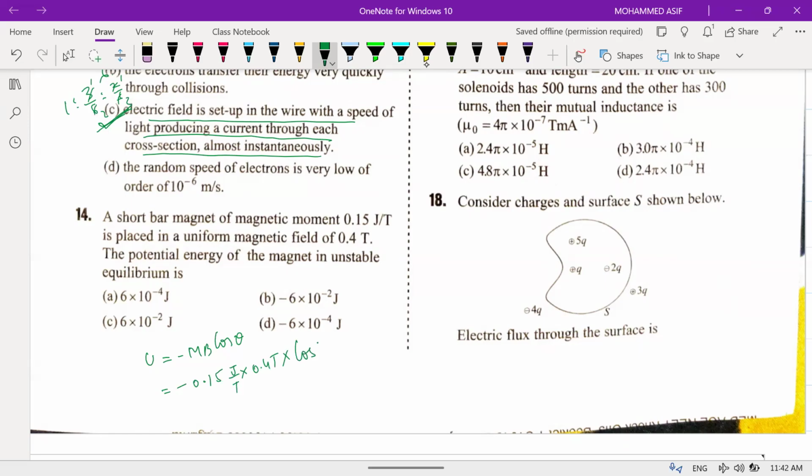Unstable equilibrium, so it will be 180 degrees. Cos 180 is minus 1. So it is minus of 0.15 into 0.4 into minus 1. Minus of minus will be plus. 15 into 4 is 60, so 6 into 10 power minus 2. That will be the answer.